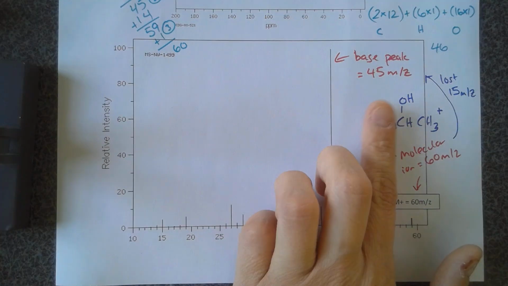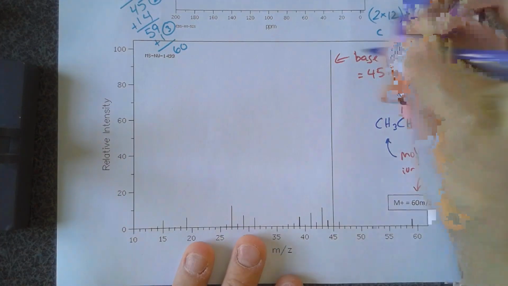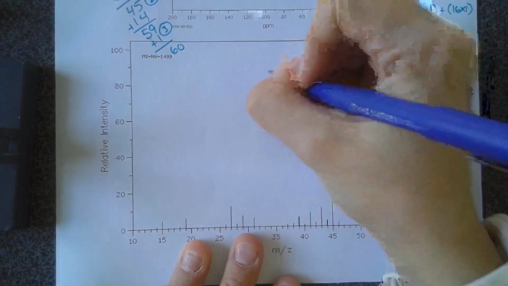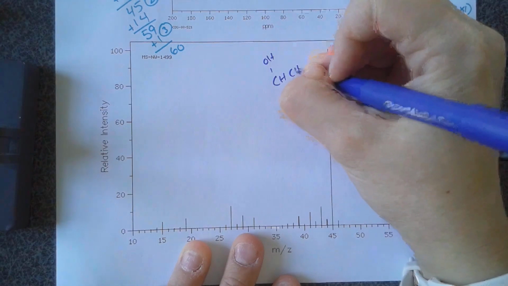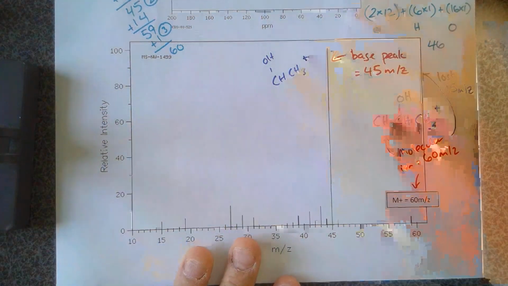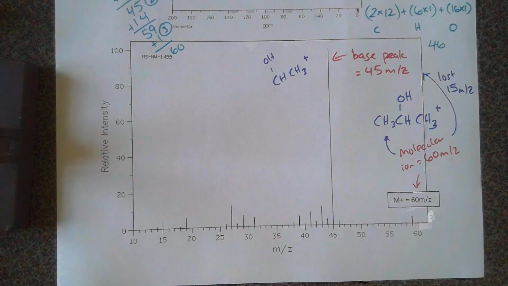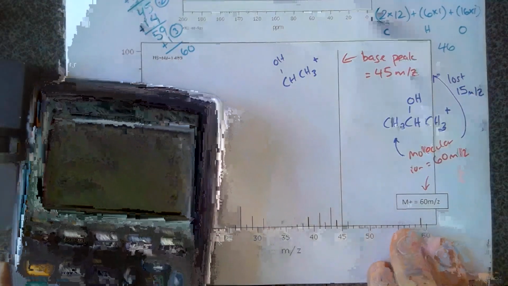So this 45 peak, what has happened is I've lost one of the methyls on the end. And so 45 now is CH3CHOH, and that's a charged component. And if I did the math behind there, it would equal 45.